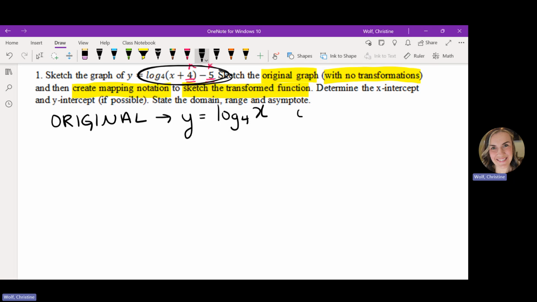Now, remember yesterday we talked about how we can change log form to exponential form. The base of the log becomes the base of the big power. The answer, which is y, becomes your exponent. And then the argument is the answer of the exponential form. So we converted between the two.